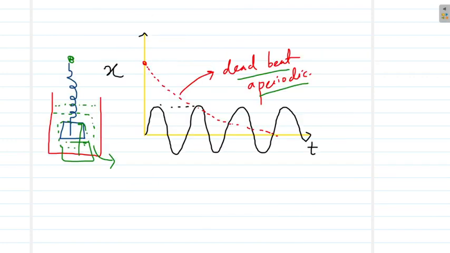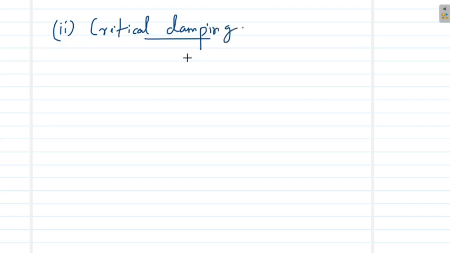Now coming to the second case, which is often called the case of critical damping. And this happens when k is approximately equal to omega 0.